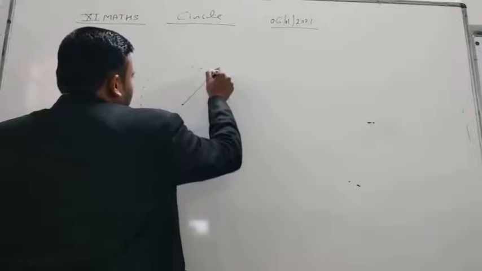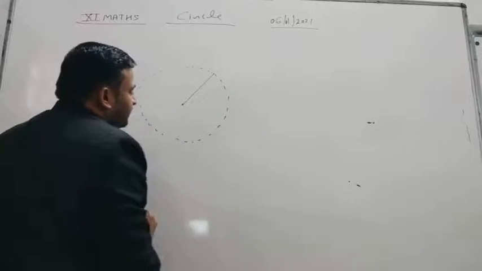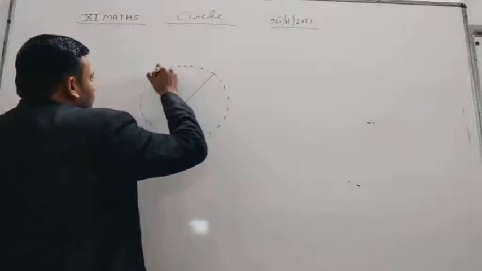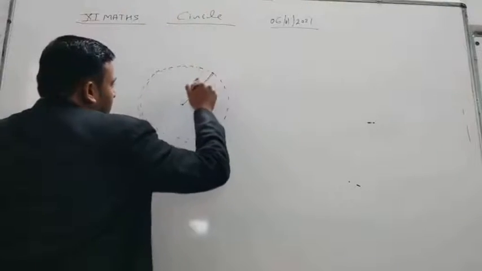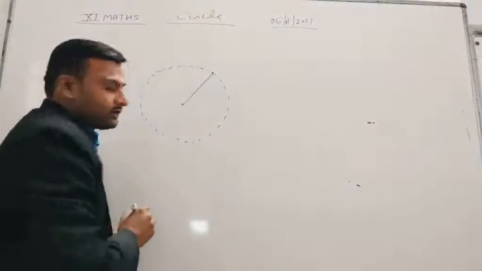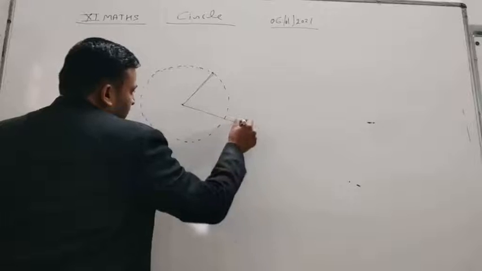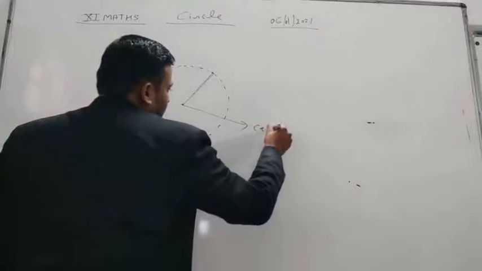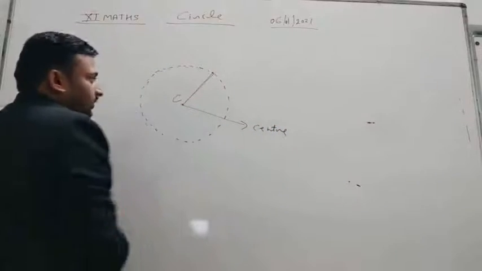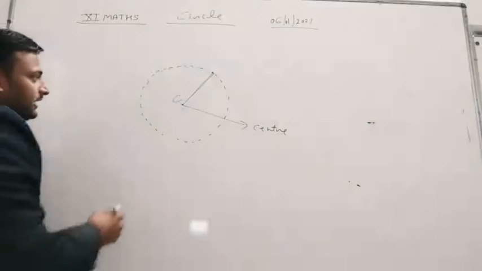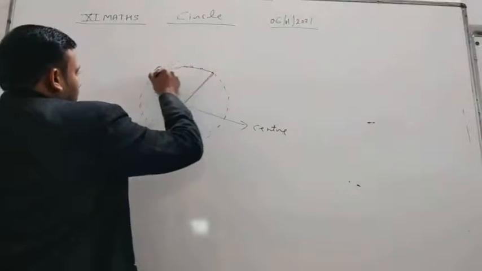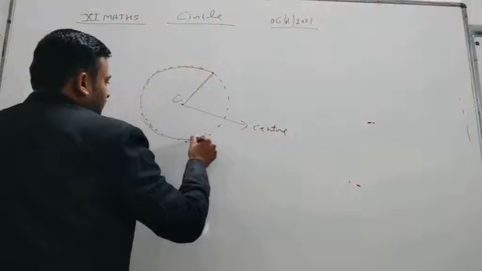Circle is defined as a locus of a point whose distance from a fixed point remains always constant. This fixed point is called the center of the circle, and this is our circle.